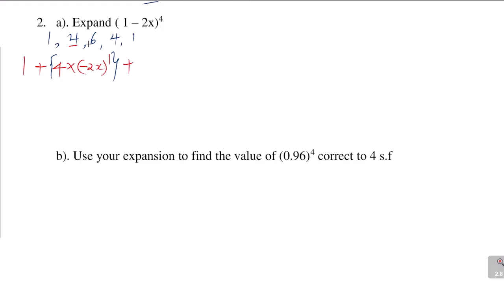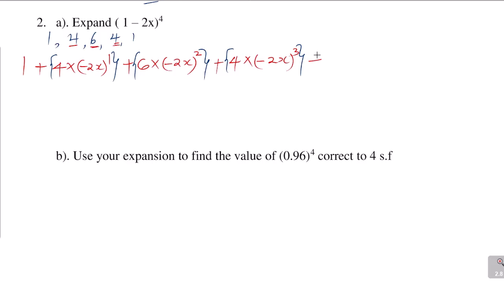Then plus the next term: the coefficient 6 multiplied by negative 2x to power 2. Then the other term: the coefficient 4 multiplied by negative 2x to power 3.